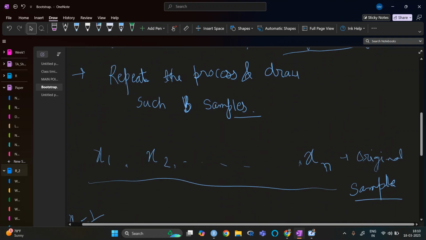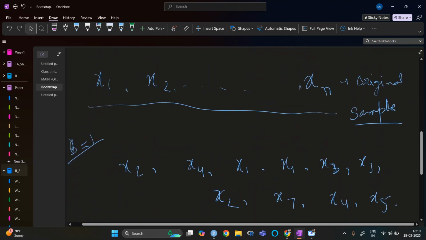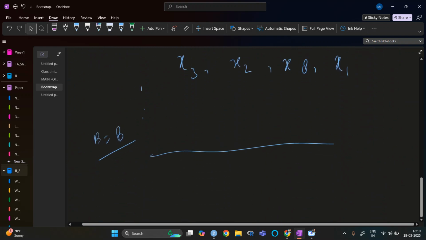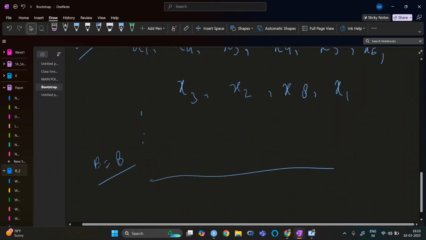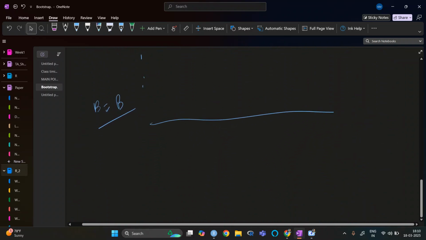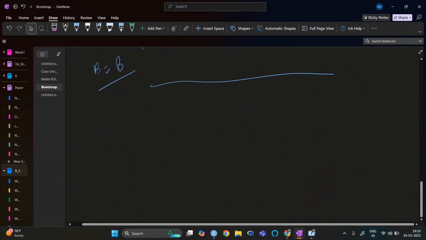Repeat the process and draw such B samples. So this is the original sample and we have drawn these B bootstrap samples.